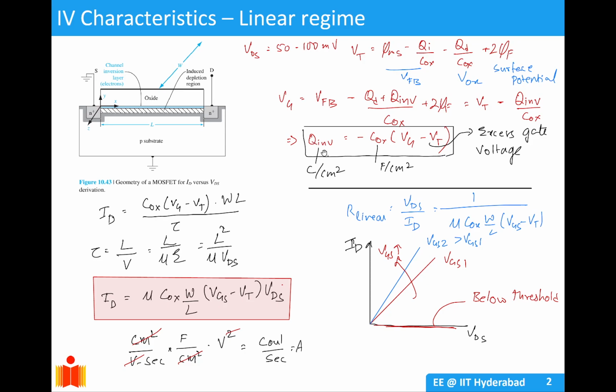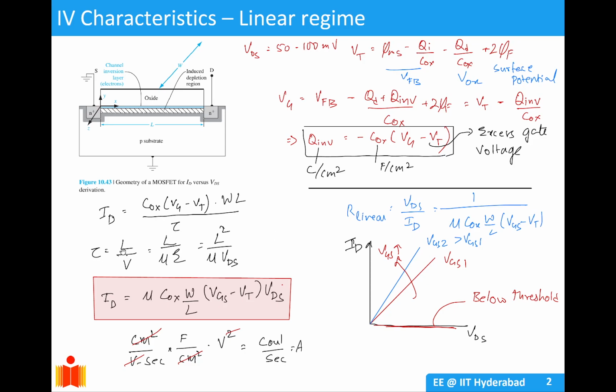From there you can calculate your current, which would come out to be Id equals Cox Vg minus Vt into WL by tau. We are talking about the linear regime here, so we are not considering the effect of Vd on Q inversion right now.